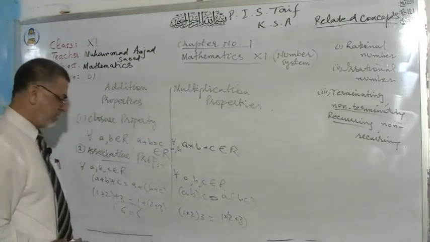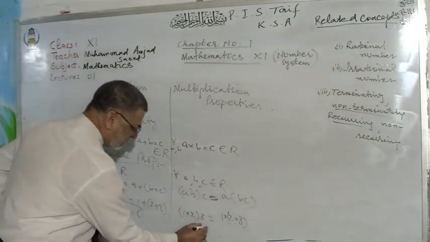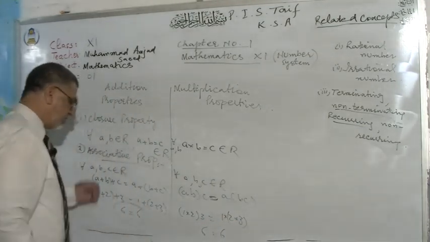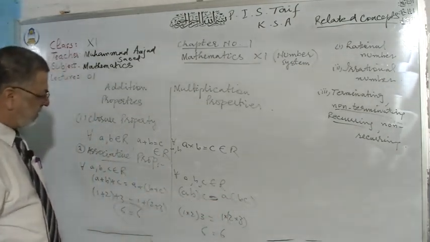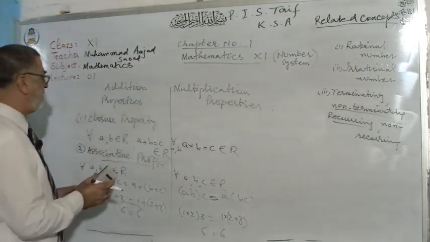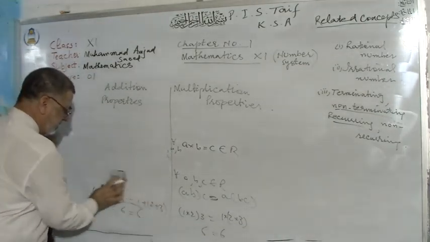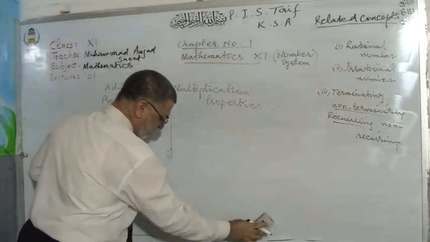You can check, 1 into 2 is 2, 2 into 3 is 6, and here 2 into 3 is 6, 1 into 6 is 6. So you can check left hand side is equal to right hand side. So associative property in the set of real numbers is satisfied for addition and multiplication.